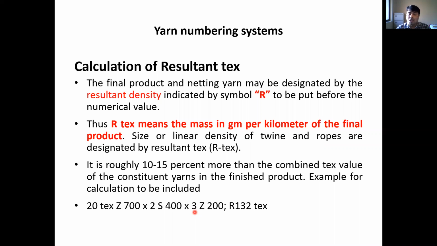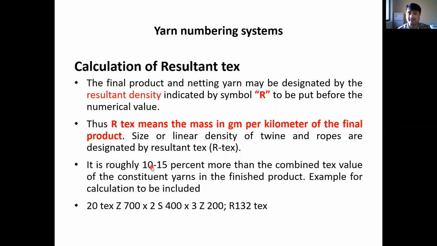So now our tex, that is the resultant tex, we have to combine this tex value. 20 into 2 into 3, how much? 120. But our tex value is coming how much? 132, sir. 132. So answer is this.